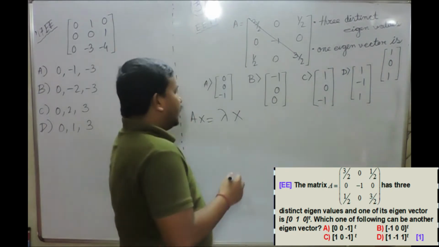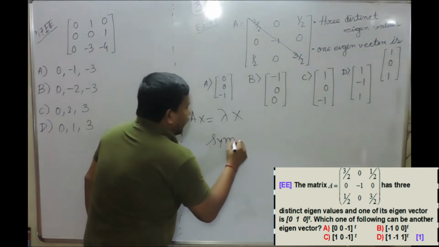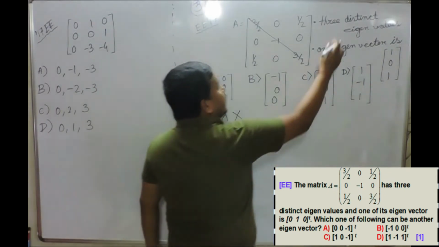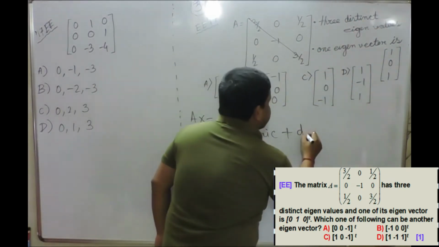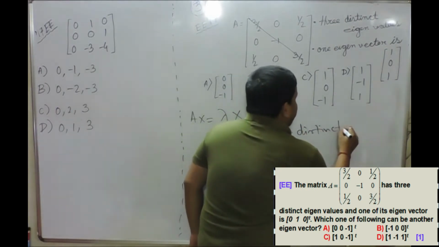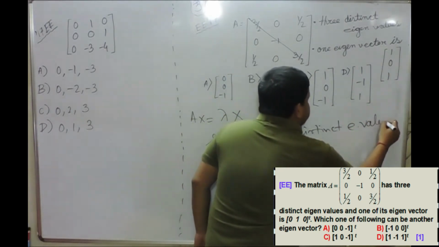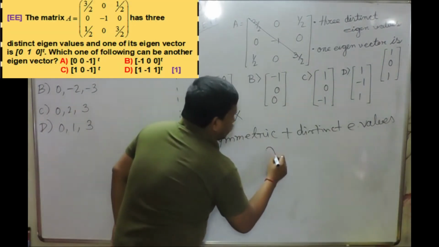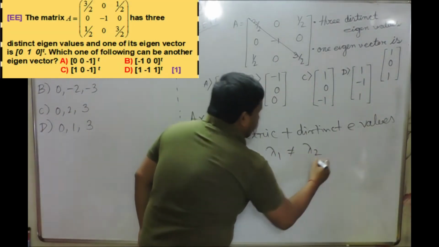And you know, if I find that a matrix is symmetric and the eigenvalues are all distinct, as for example, suppose you take two distinct eigenvalues, lambda 1 and lambda 2.